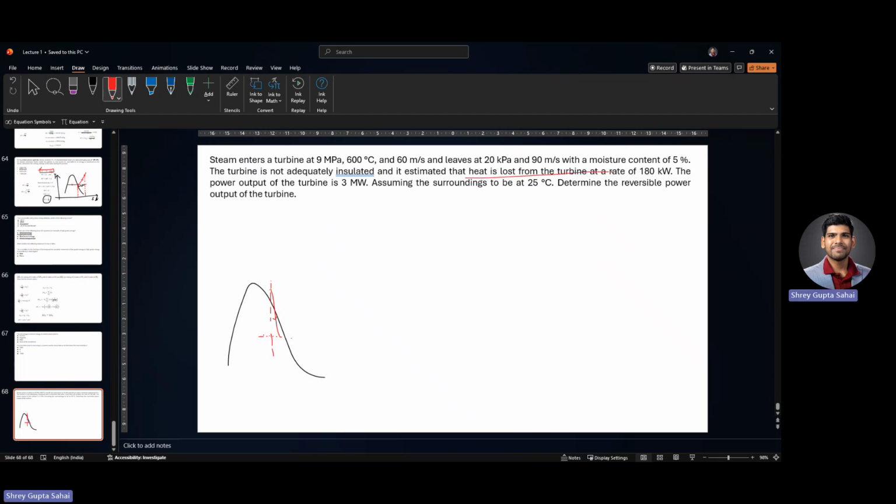So heat is also known to you. Power output of the turbine is also known to you. Assuming the surrounding is 25, determine the reversible power output of the turbine. What was the maximum power that you could have obtained from the turbine? That is what we are trying to get here.